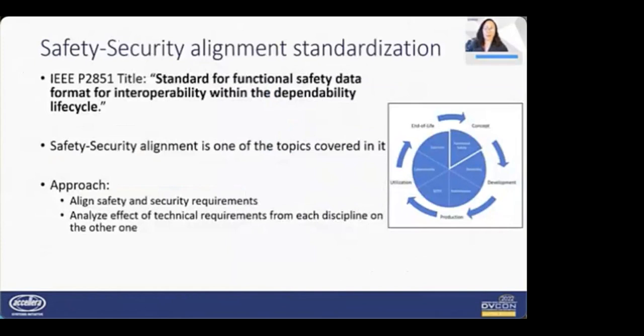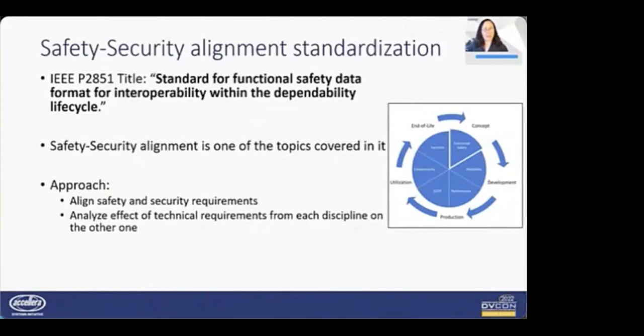So far, we have talked about safety and security as two completely separate design challenges. However, in reality, and as noted in Bala's presentation, they greatly affect each other. The P2851 initiative in IEEE is chartered with creating a standard for functional safety data format for interoperability within the dependability lifecycle.